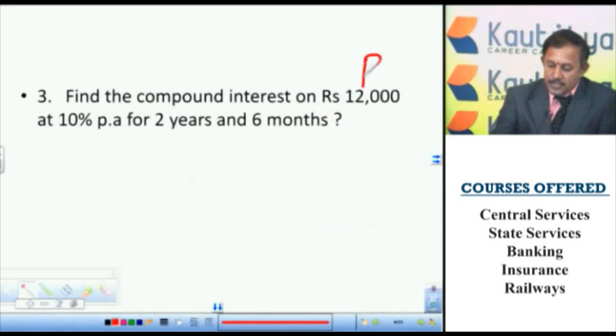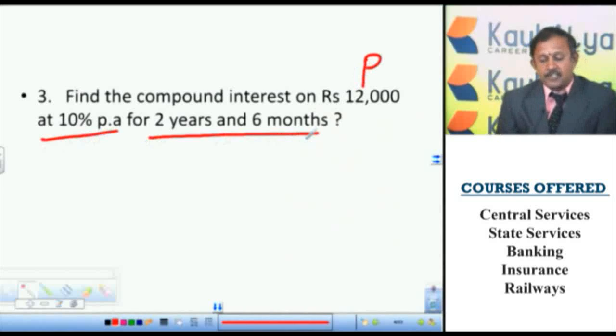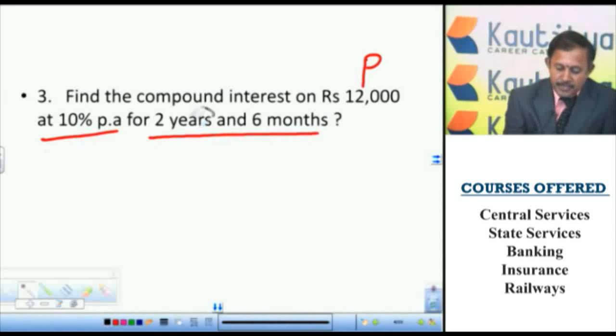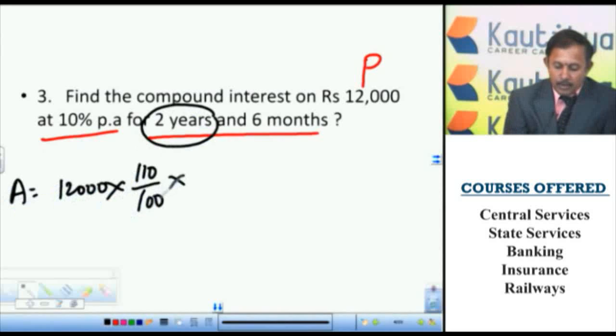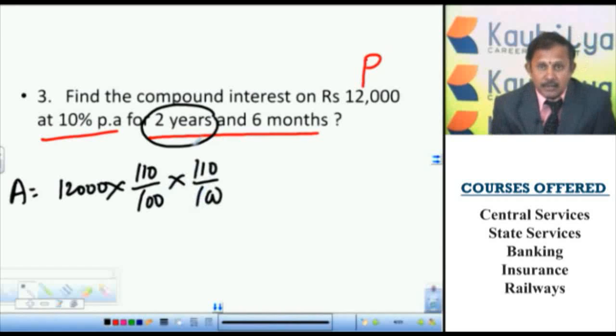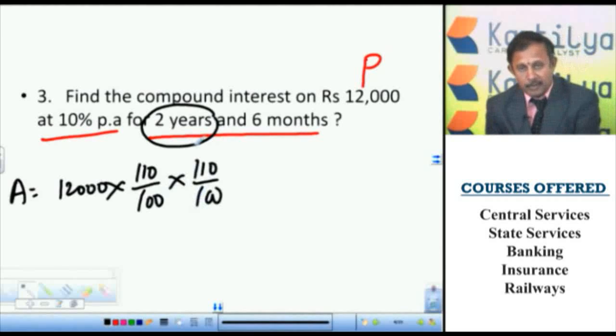Next example, find the compound interest on 12,000. So here the principal is 12,000 at the rate of 10% per annum for a period of 2 years 6 months. Friends, what you have to observe is, if suppose the time period is 2 years, we can make use of the fraction 12,000 into 110 by 100 into 110 by 100.